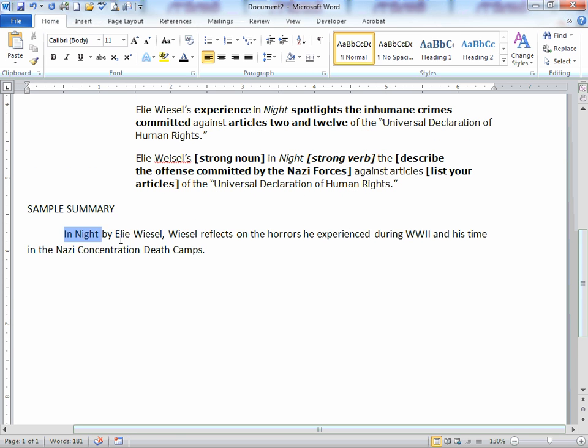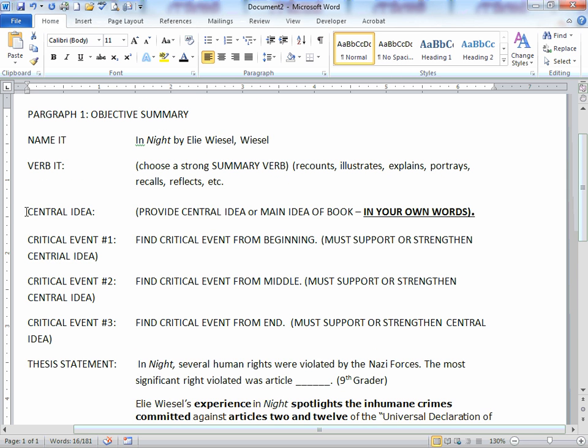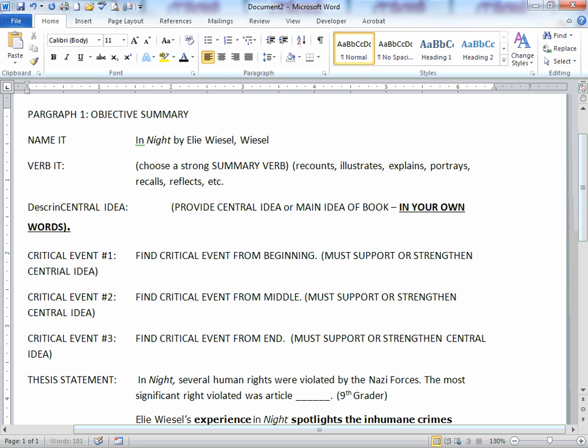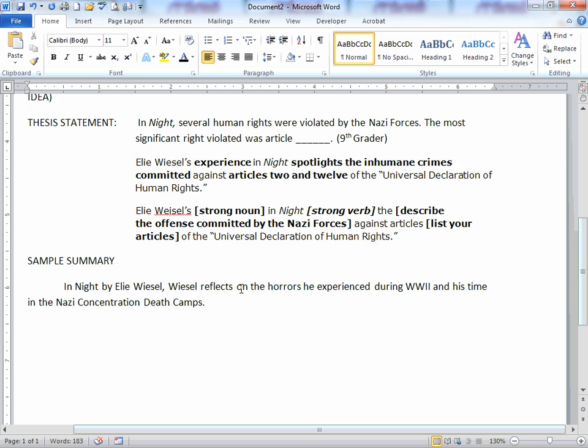There. That's my 3 items. I named it, I verbed it, and then I described it, my central idea. All right, so now that's one sentence. Now I have to find my critical details.